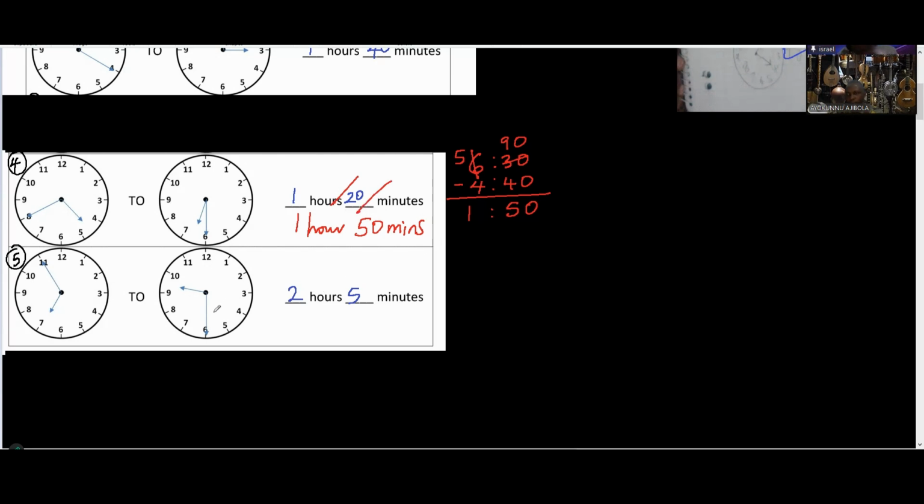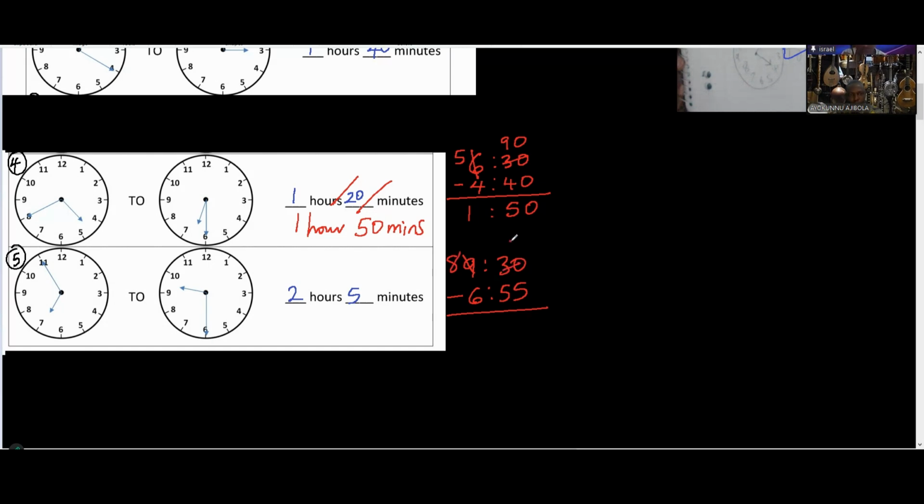Then the other one, let's check the time. The time on this one is 9:30 because it's to 10. So 9:30 minus the previous time, which is 6:55. So we have 30. Are you following this? Are you concentrating? Yeah, I am. So 30 minus 55 is not possible. We borrow 1. This is 8 hours.